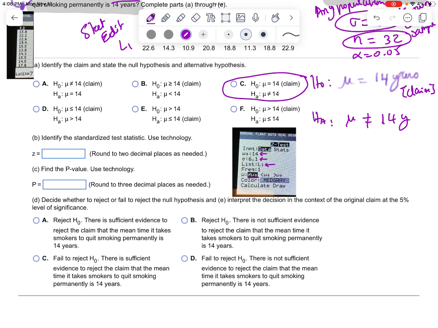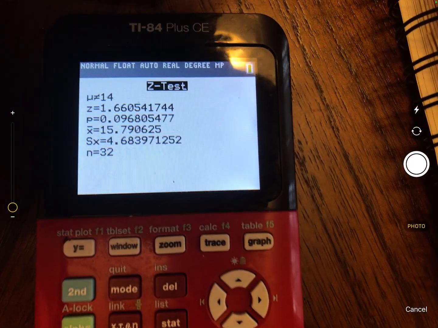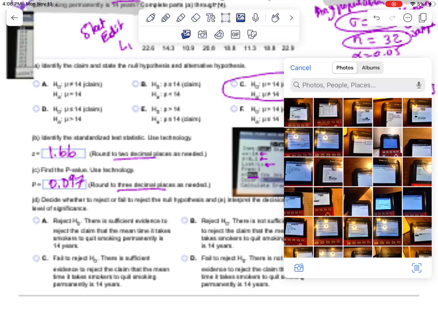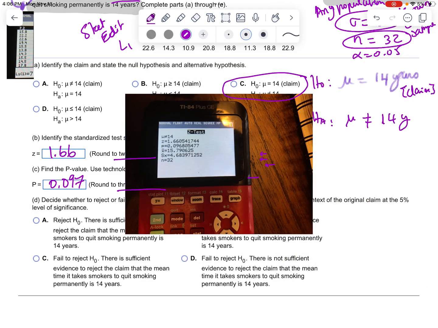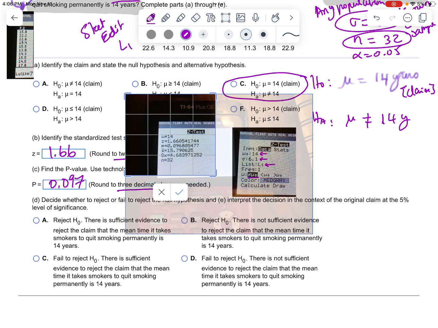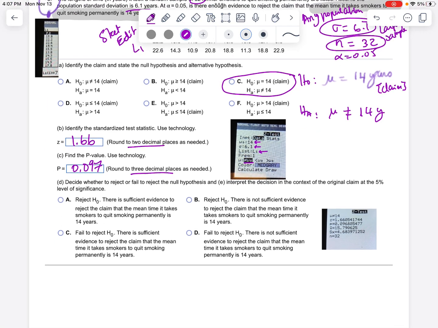All right, so when you press calculate on this, you get Z is 1.66, p-value 0.097. That's exactly what you get. And there goes your answers.